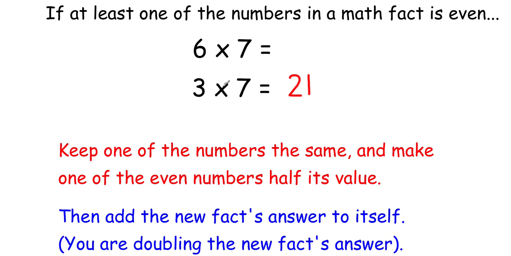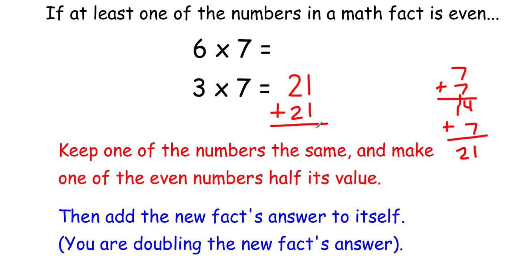And of course, one way to figure out 3 times 7, you could do 7 plus 7, which gives you the 14, plus another 7, that gives you the 21. So that's how you could figure out 3 times 7 as a quick strategy there. Okay, I've got 3 times 7 equals 21. That's half of the answer up here. So I need to add it to itself.